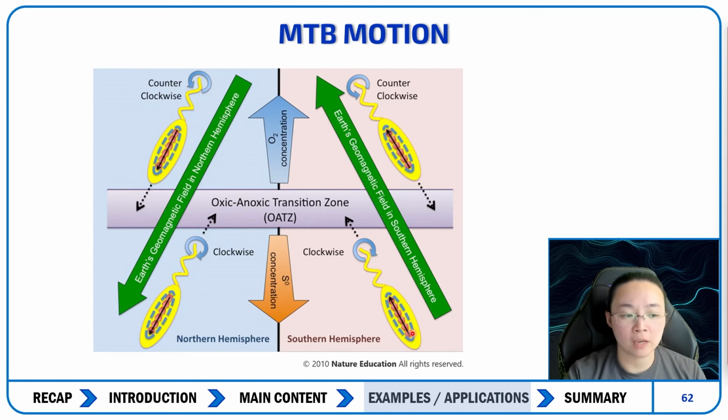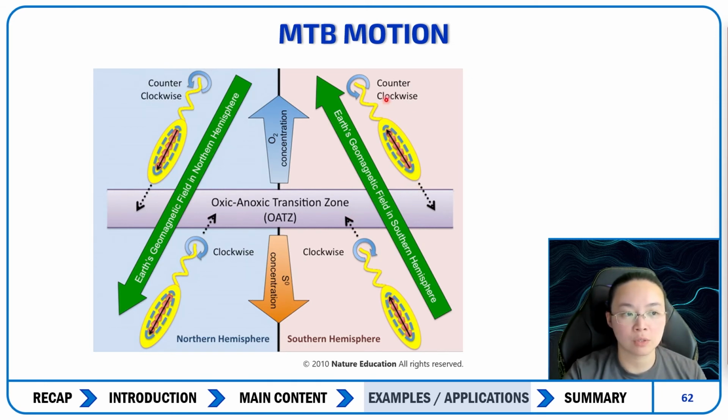In this case, we have the magnetic dipoles pointing more upwards based on the Earth's geomagnetic field in the southern hemisphere. And so it aligns itself with the Earth's magnetic field. And that means the bacteria below the OATZ is going to go clockwise, which is backwards, towards the OATZ.